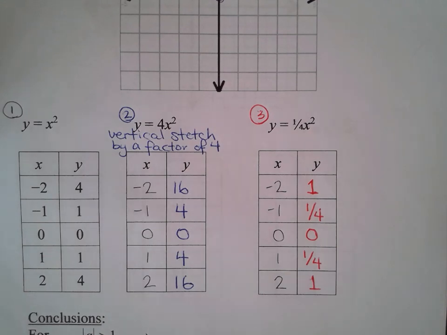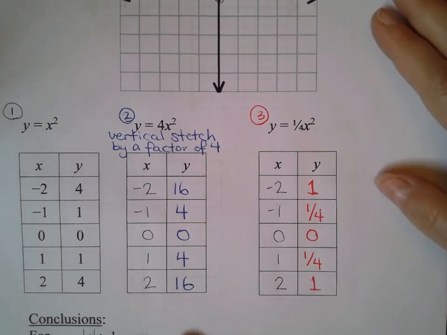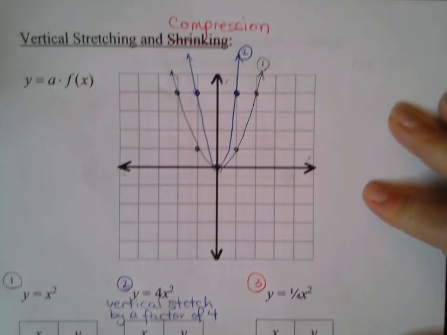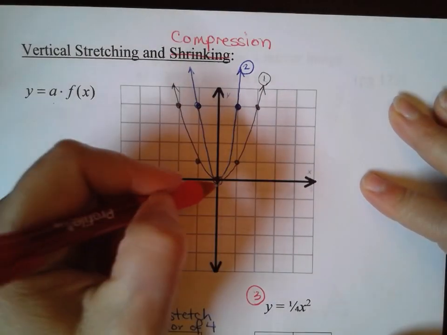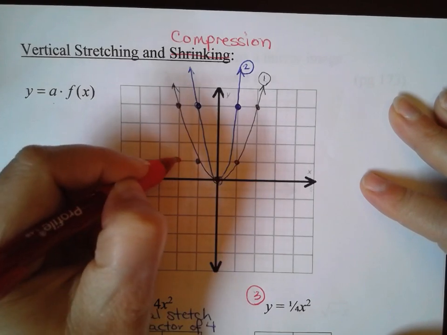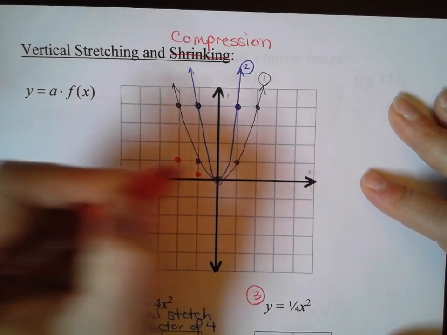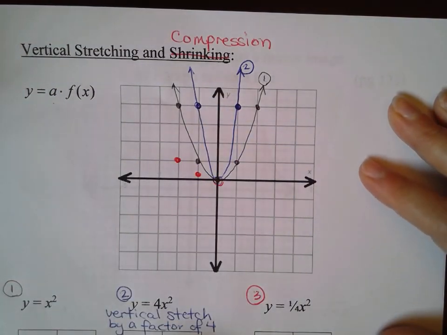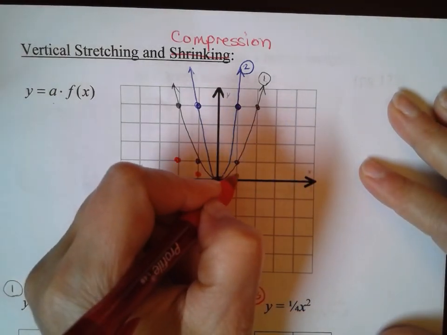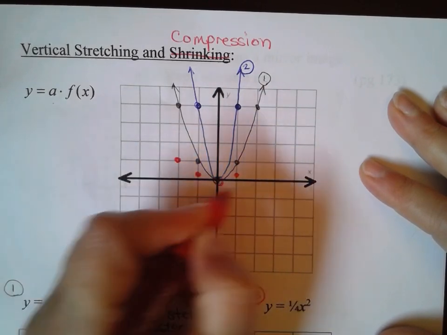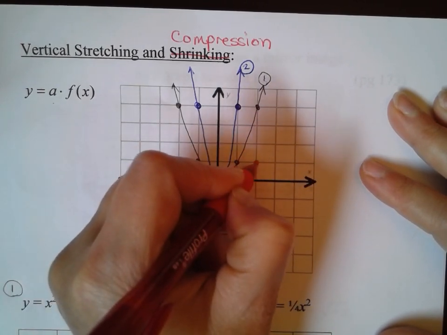Okay, so now I want to graph those points. So let's put them on our grid. So I have -2, 1, -1, a fourth, 0, 0, 1, a fourth, and +2, 1.